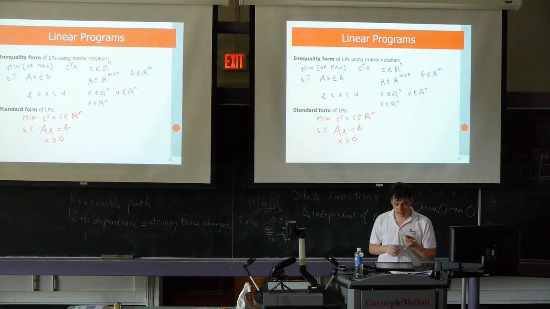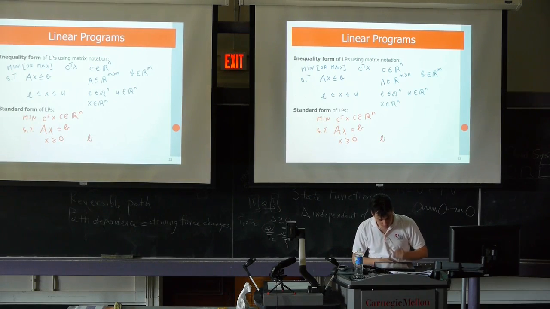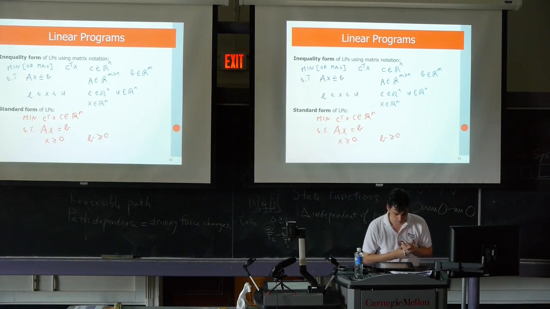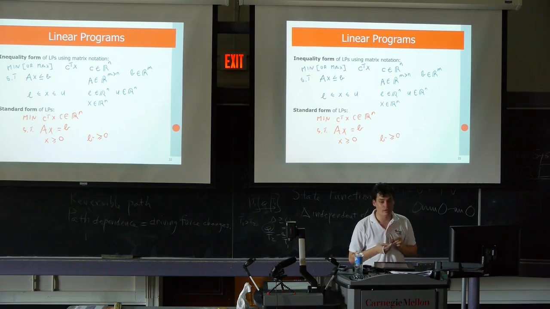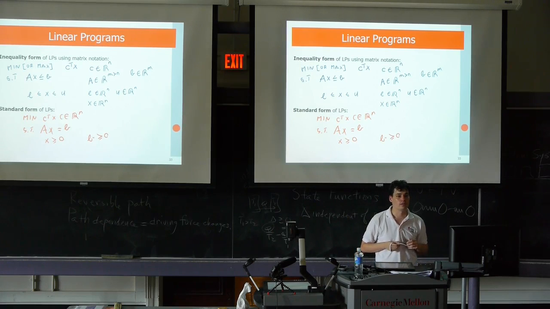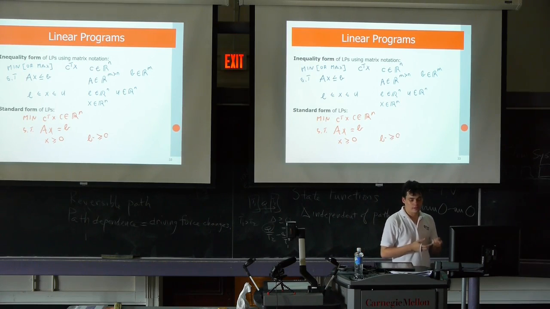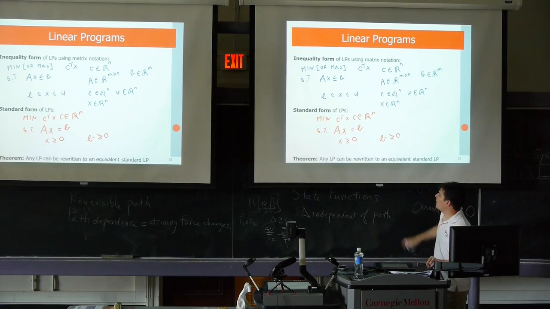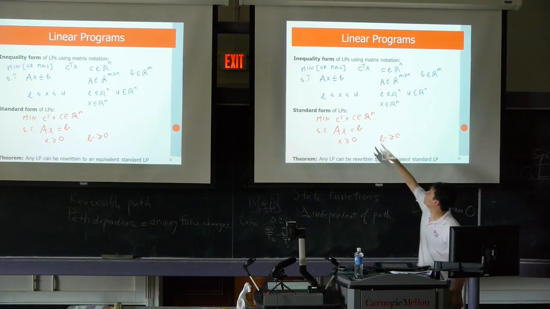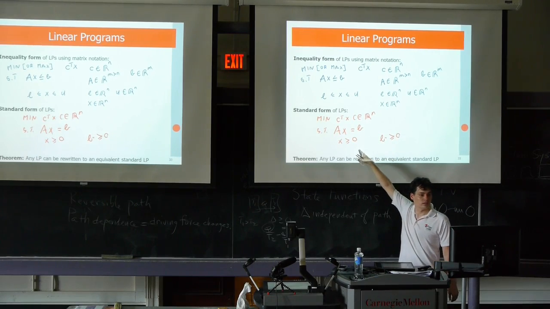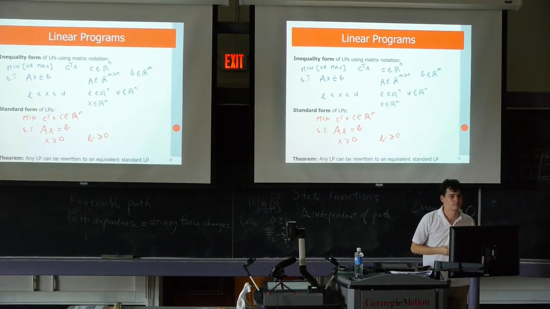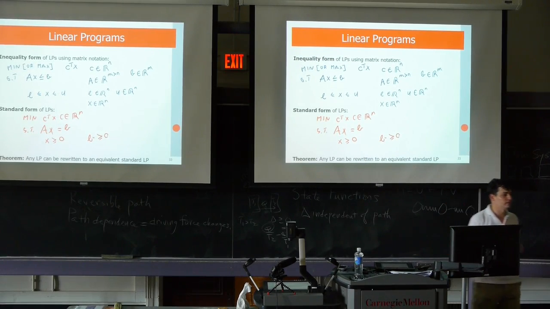Sometimes people also require, but it's not always the case, that the vector B is non-negative as well. Is it clear what we mean by standard form of LP? And the theorem that we have is that any linear program from that form can be rewritten to this form. How trivial is this?